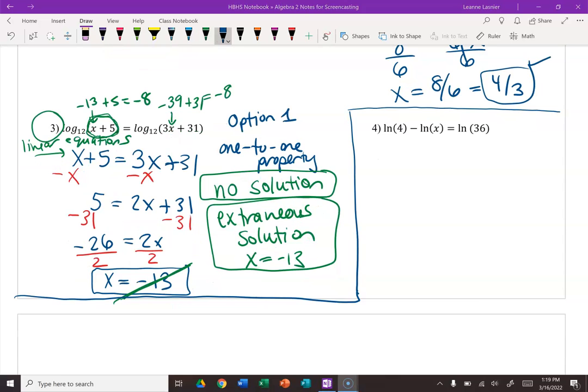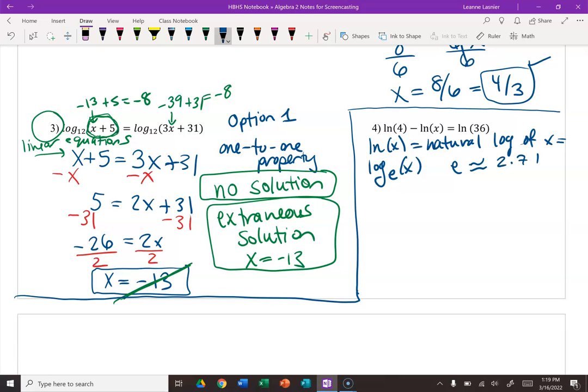So over here in example 4, we're working with the natural log. The natural log of x, you would read it this way, natural log of x. And what it stands for is a log of base e, where e is that number about 2.71.